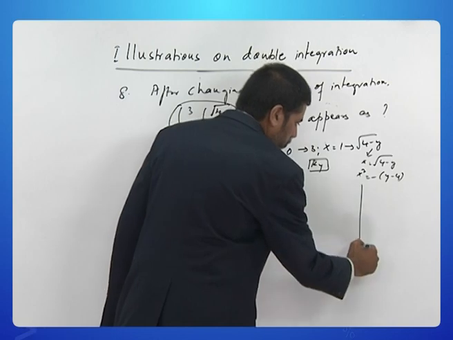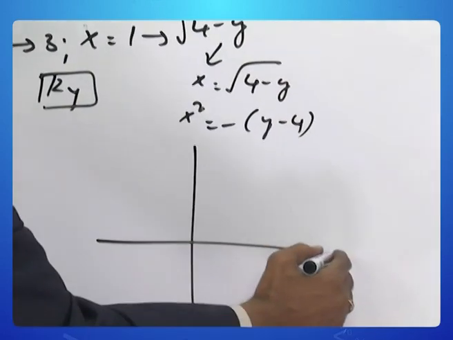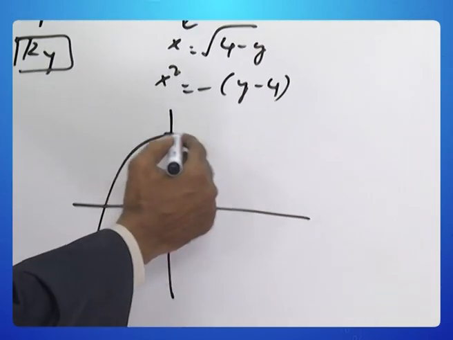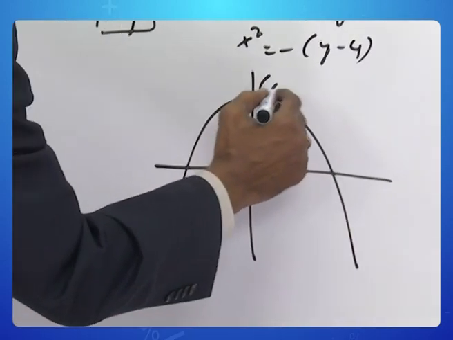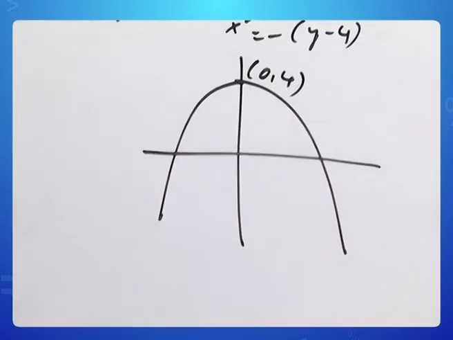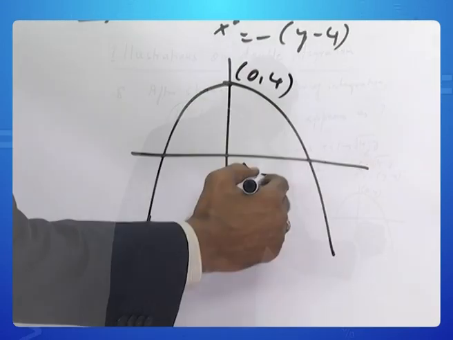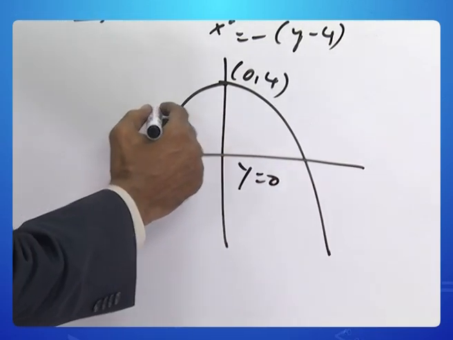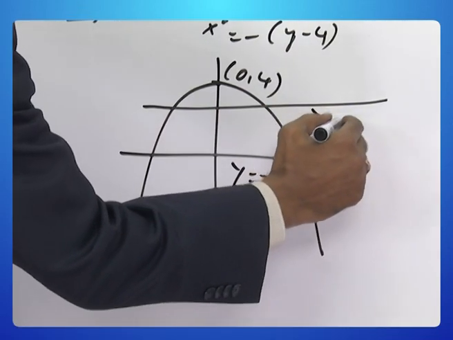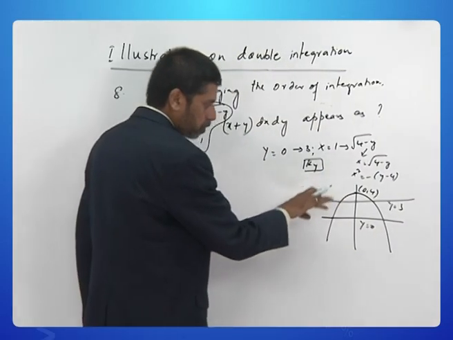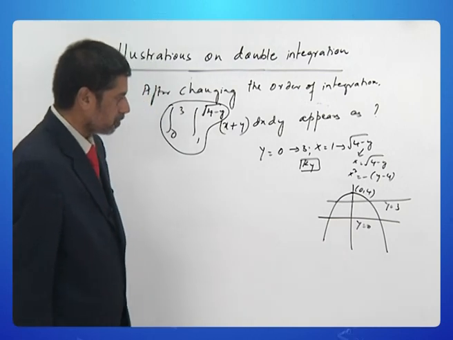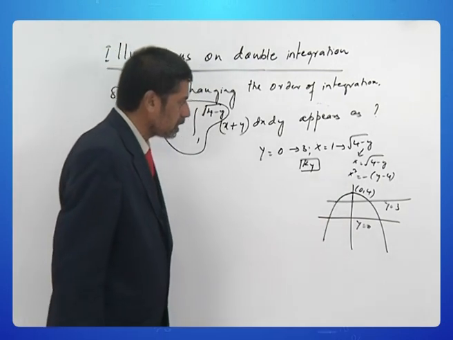So, this is the parabola, vertex at 0, 4. Let us look at the other limits. Y is equal to 0 is the x-axis, y is equal to 3 is a line parallel to x-axis, but observe it is below the vertex because the vertex is at 0, 4.